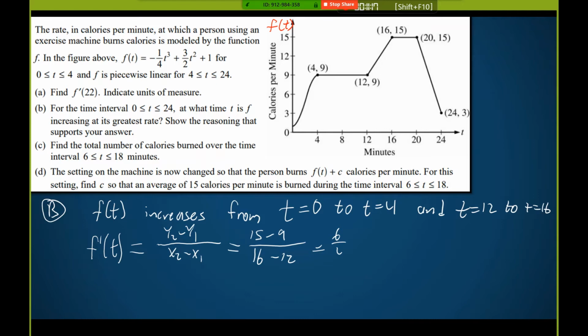or positive 3 over 2. What are my units for that?